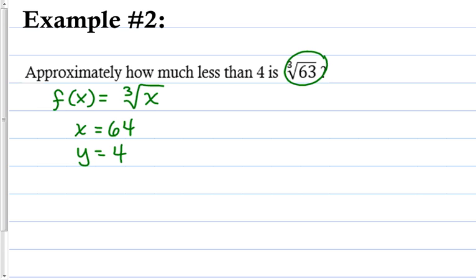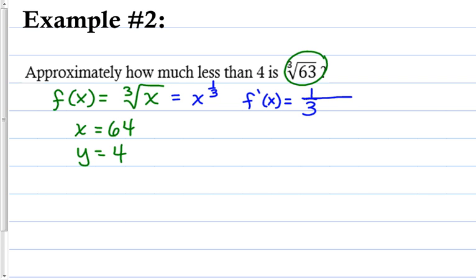Okay, so derive. When I derive this, well, let me just write it over. This is basically x to the 1/3 power. So when I derive it, I'm going to get 1/3, and then x, and then I subtract 1, it's negative 2/3.